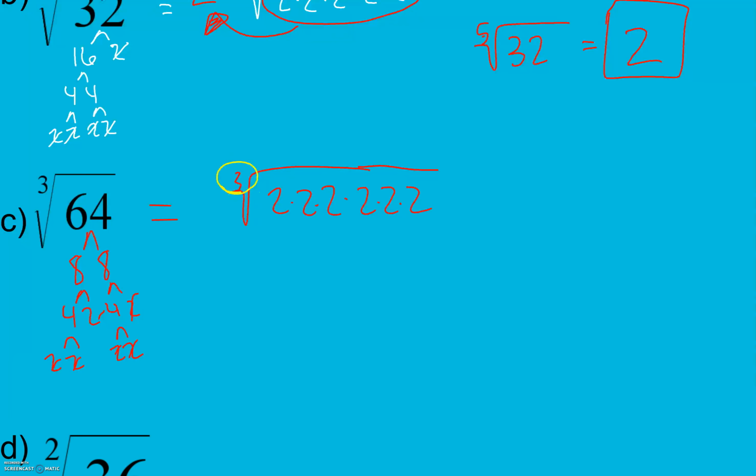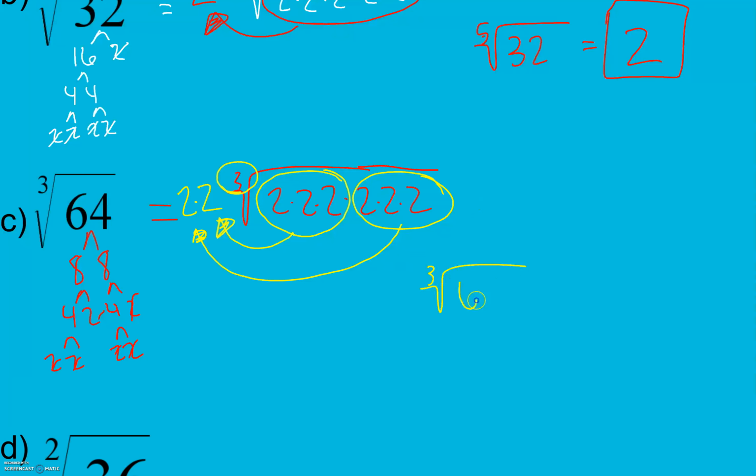I'm looking for groups of 3 things. Here I have a group of 2's. It comes out as a 2. Here I have a group of 2's. It comes out as a 2. And because we're multiplying inside my radical, we're multiplying on the outside. So here the cubed root of 64 is going to equal 2 times 2, or 4.